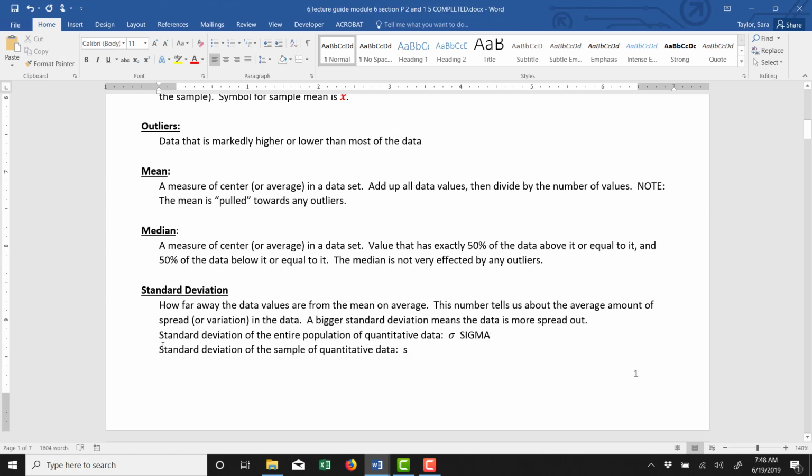And if you have just a sample of quantitative data, the standard deviation for your sample is called S. Recall, standard deviation is a number that tells us how far the data values are from the mean on average. And in the next video, we're going to get into more detail about standard deviation.